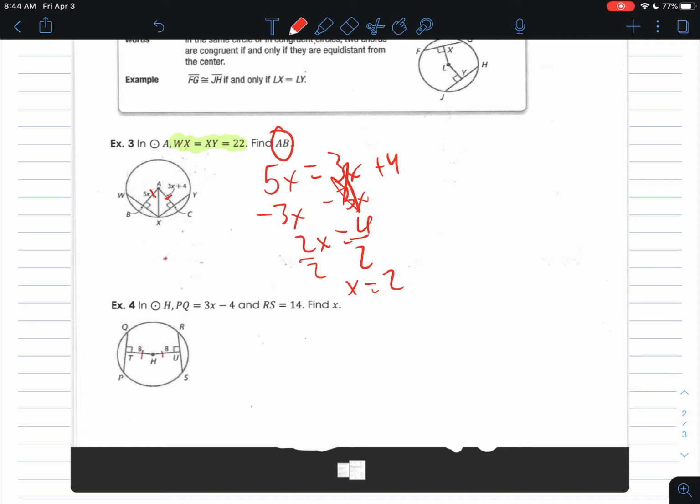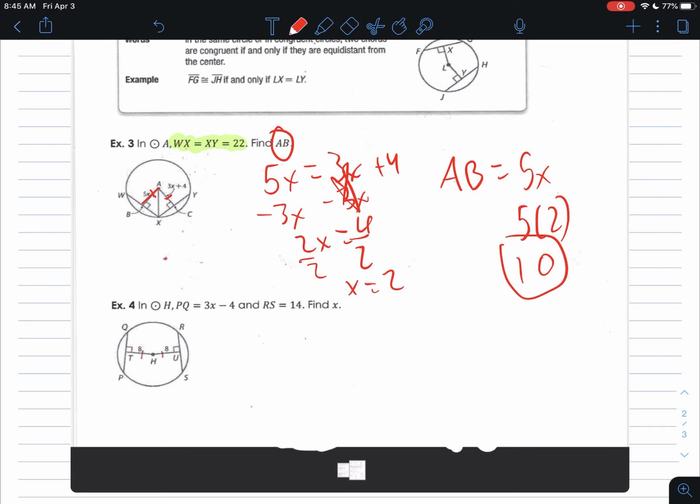Notice it says to find AB. So, this is AB right here. So we simply have to plug in 2 for the variable, and we get 10. And that would be our final answer.